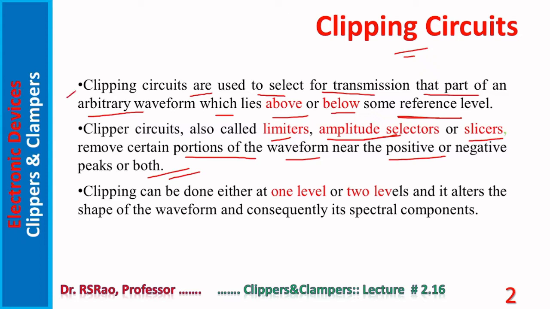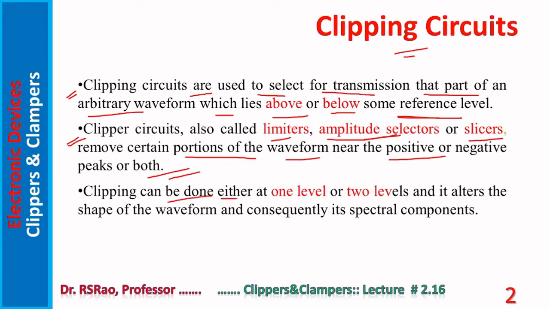In the first point, clippers are defined as circuits which allow transmission of a waveform which is above or below a certain voltage level, the reference level. In the second point, the definition is with respect to their action. Their action is actually removal of a portion of the waveform.